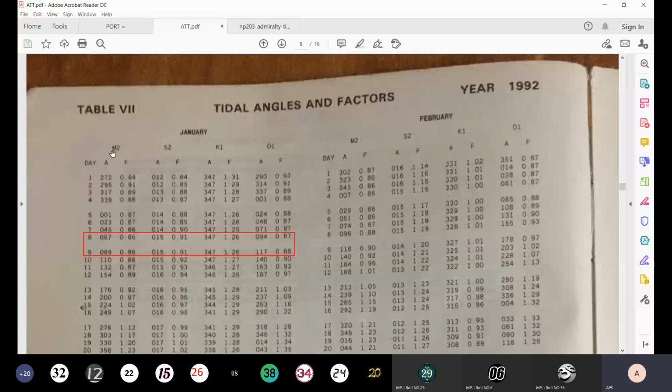Can you see capital F under table 7, M2 for 9th January is 0.86 and capital F for S2 is 0.91.